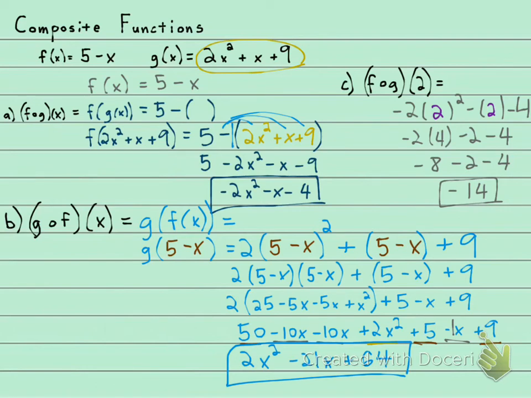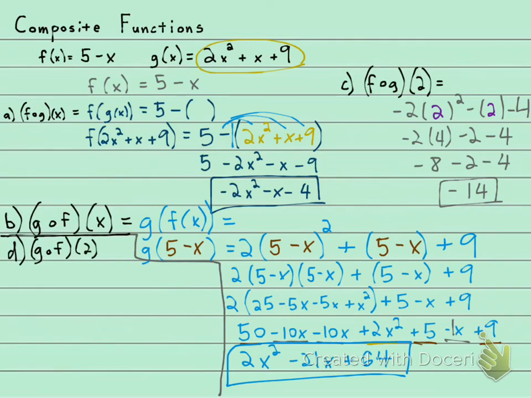Let me see if I can carve a little space down here to do the g of f of 2, all on the same page. So this is going to be part D. Part D is asking for the g of f of 2.